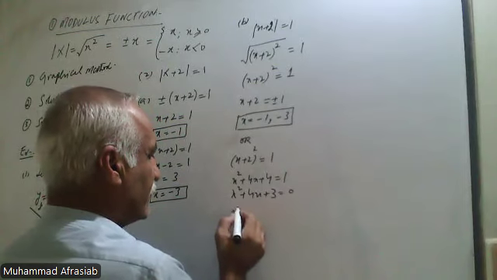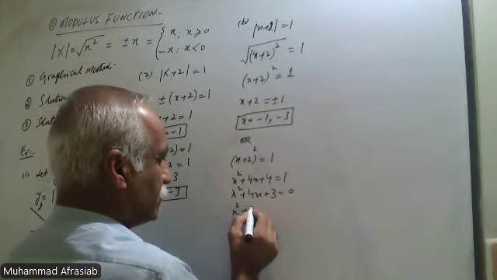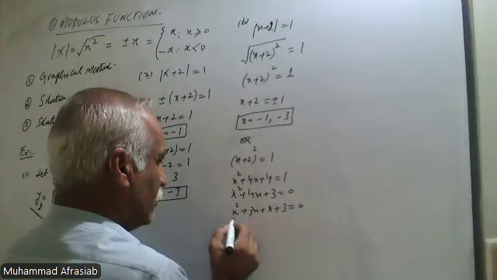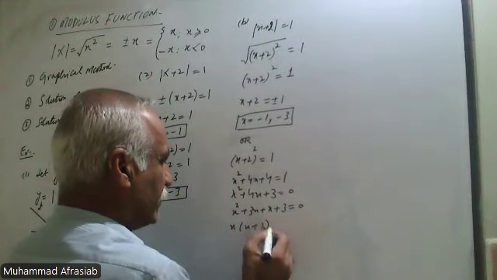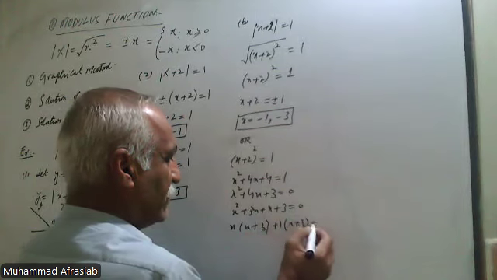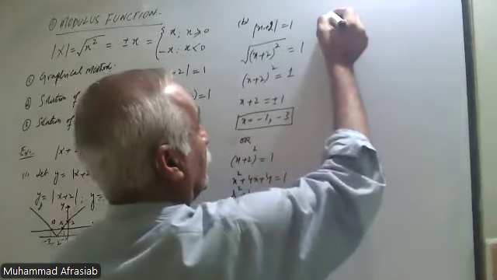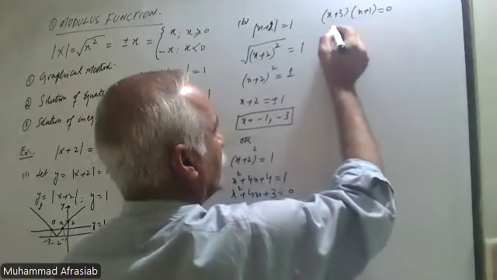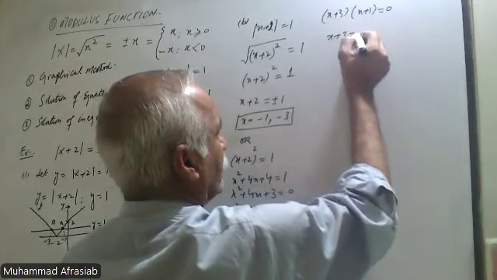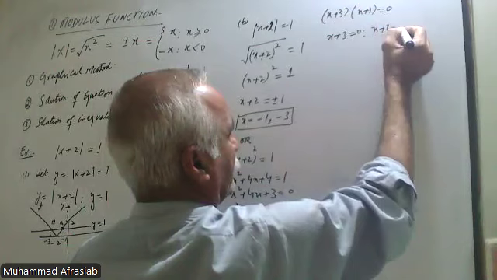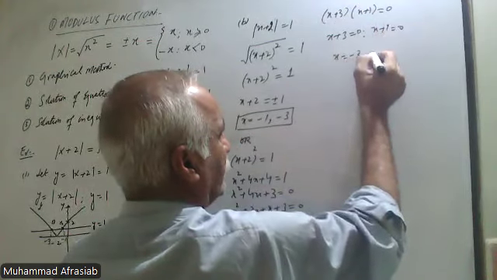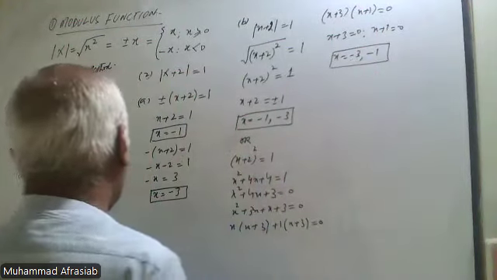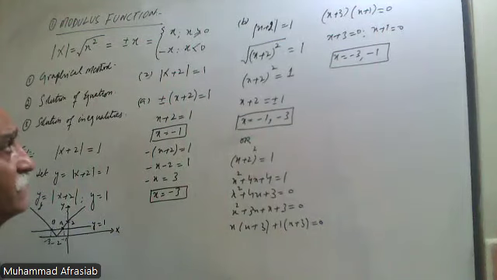If we factorize this, x squared + 3x + x + 3 = 0, then taking x common, it is x(x + 3) + 1(x + 3) = 0, or (x + 3)(x + 1) = 0. So either x + 3 = 0 or x + 1 = 0. So x is equal to -3 and -1, which is the same solution as we obtained in the first and second parts.